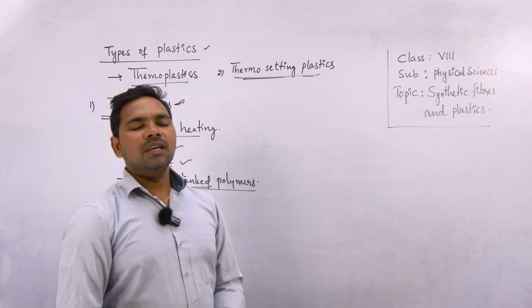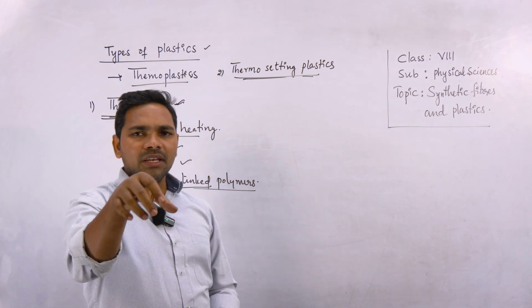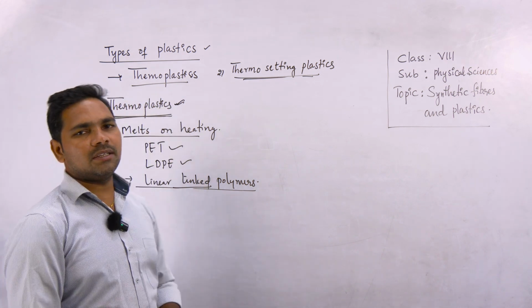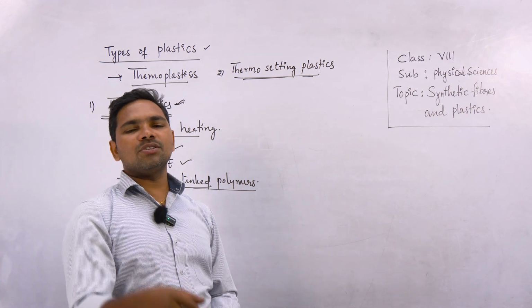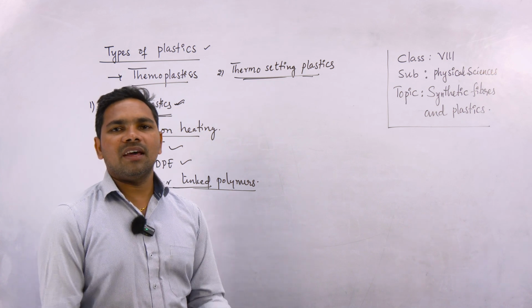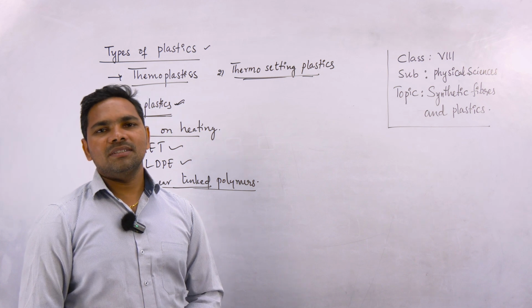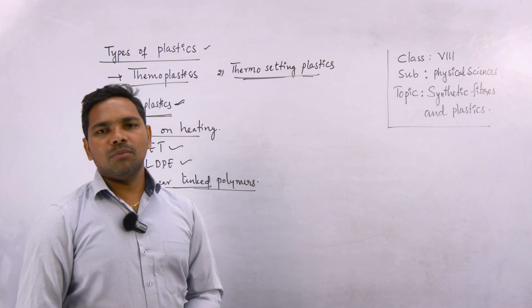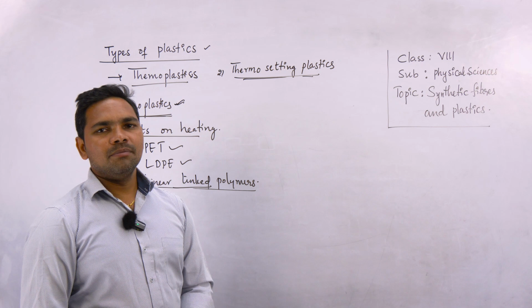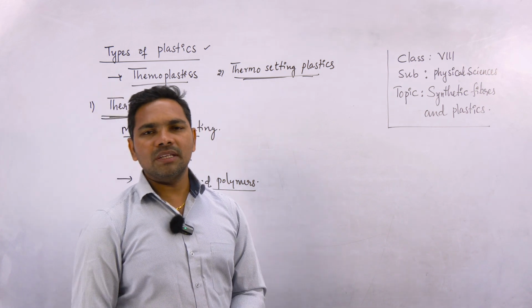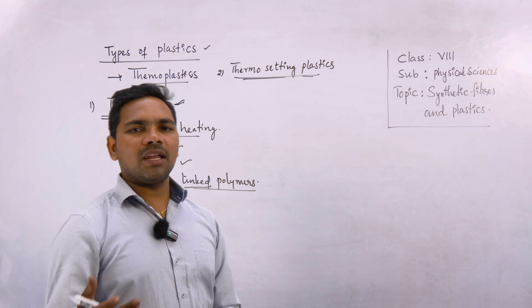Now, if you use thermoplastics as handles of the utensils, what would happen when they are heated? When the utensil is heated, the thermoplastic would melt, right? And it is not suitable for that particular purpose. But the handles that we use for cooking utensils and pressure cookers do not melt, though they are heated.